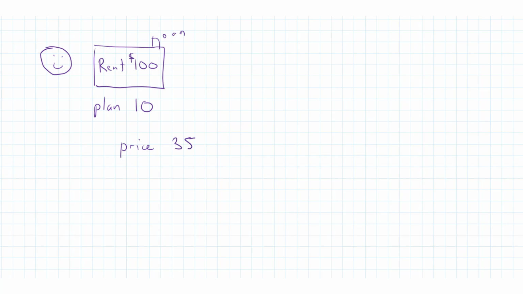He knows his variable cost, which is $20. And he also knows his contribution per unit, which is $15. Now, Bob is thinking about dropping his selling price to boost demand, and he's thinking about dropping his price to $25.